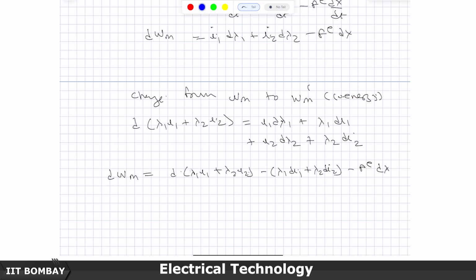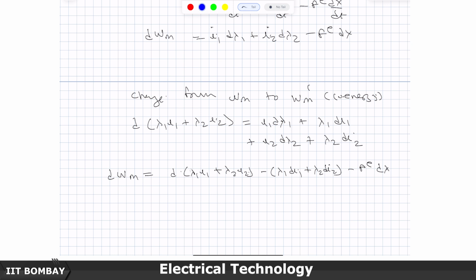See, λ equals L times I, so you cannot have both λ and I as state variables, that does not make sense. Either you can have dλ or you can have dI, right. But the convenient one is the current as the state variable.